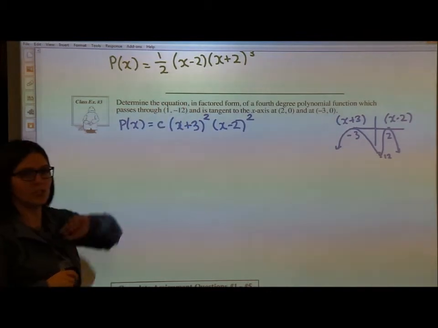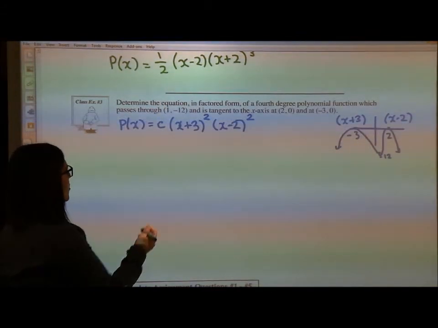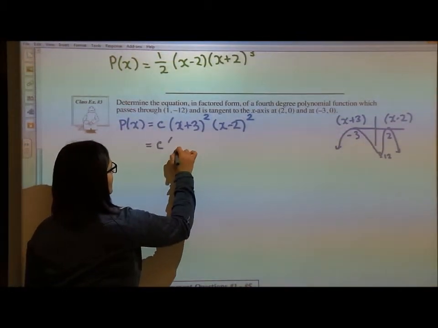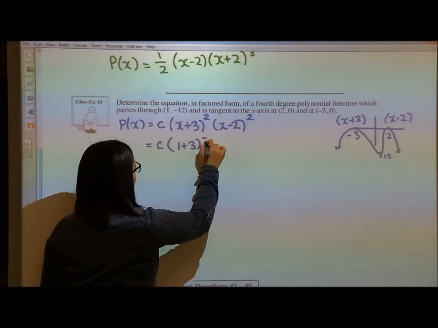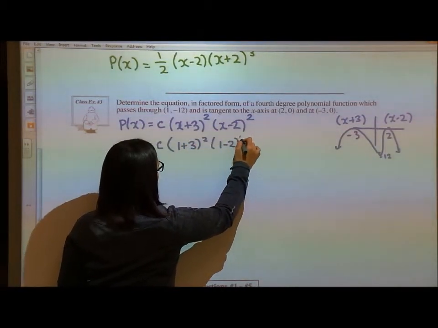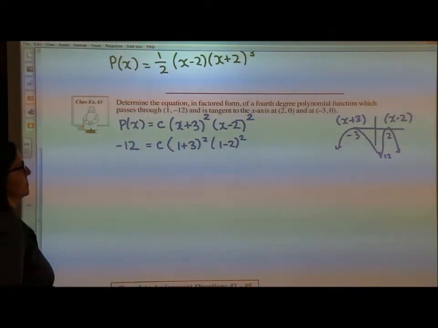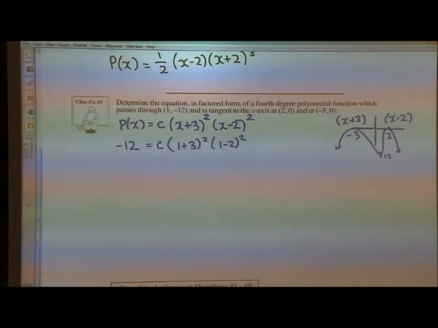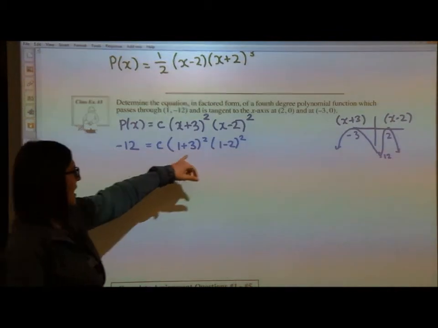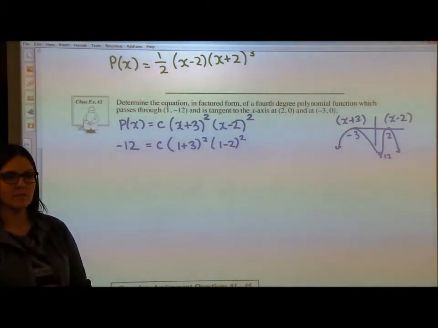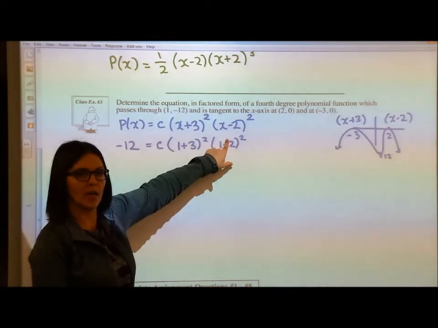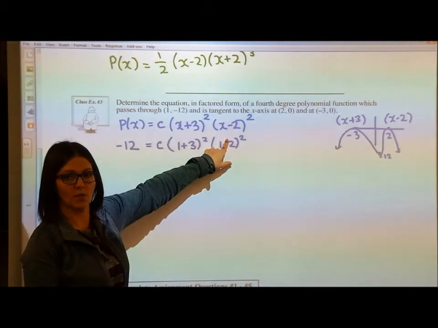Then I can substitute in this given point. Wherever I have an x, I can replace it with a 1. And P of x would be equal to negative 12. So 1 plus 3? 4. And 4 squared? 16. And then 1 minus 2 will be negative 1, and when I square negative 1, I get positive 1.